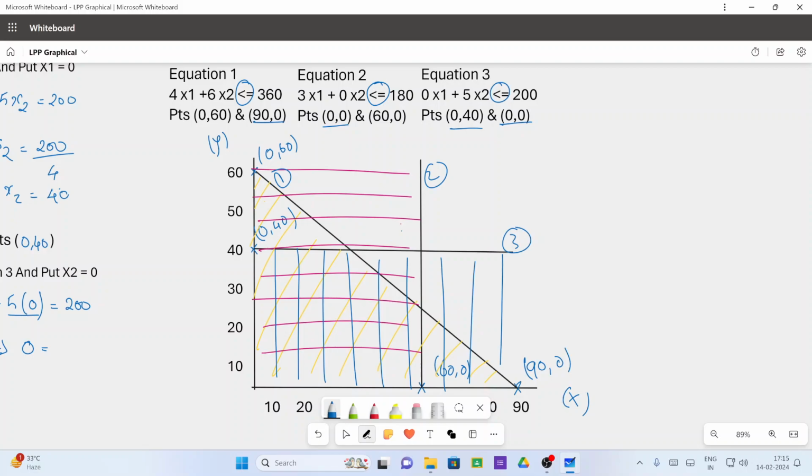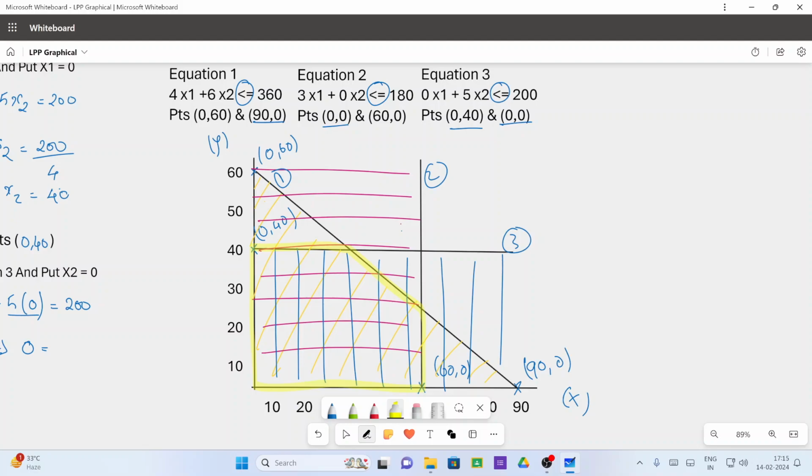Now we need to find exactly where my feasible region is, because here I have three different lines, but the intersection is what we consider as the feasible region. When we find the intersection of these three lines, it lies in this particular region, where you can see all the shadings.